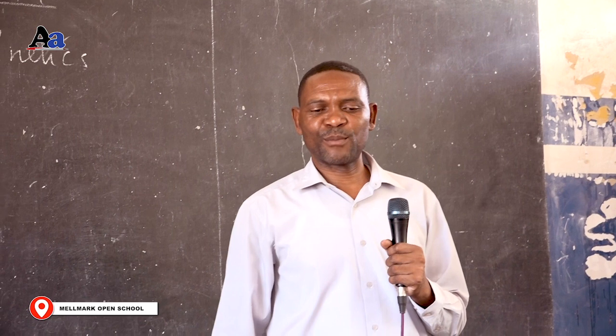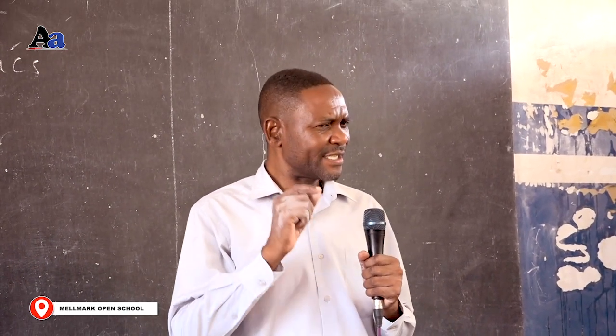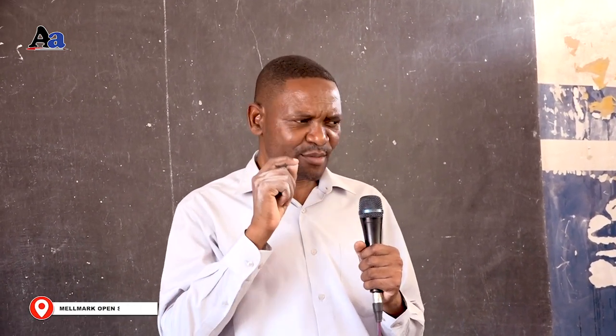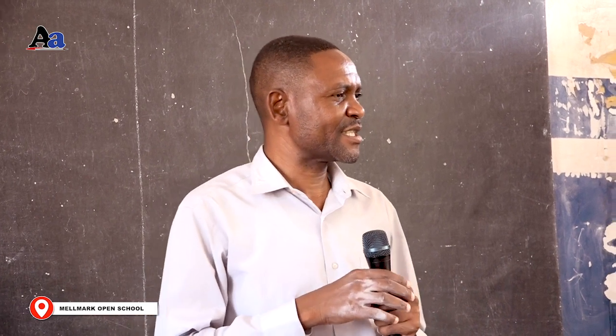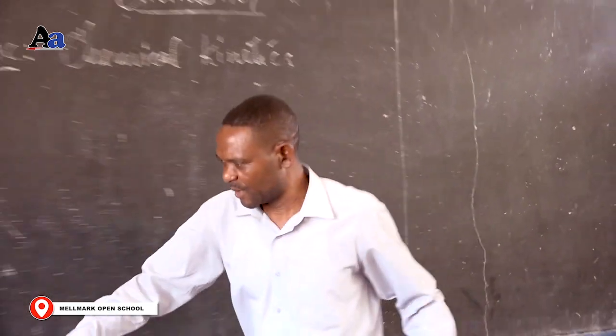Okay, but the reaction that takes place in the beaker is another problem. Can someone write that equation? If possible, balance it. Can someone write the equation and balance it? You want to come and write it? Good. Come and write it.